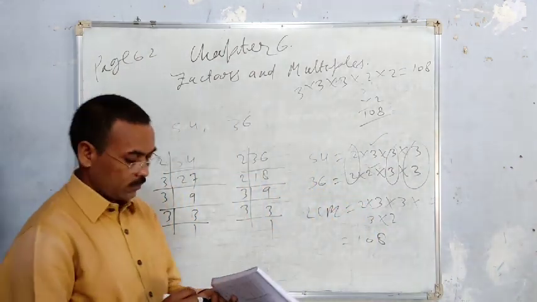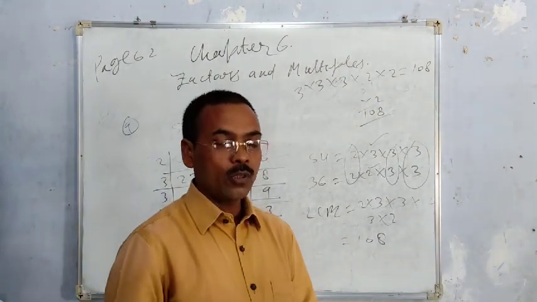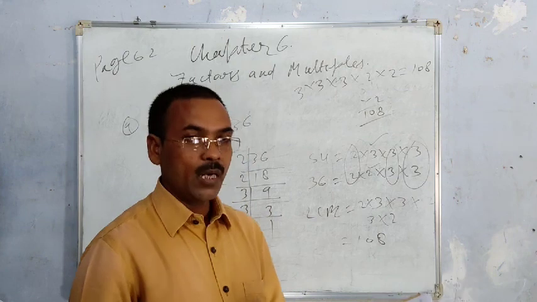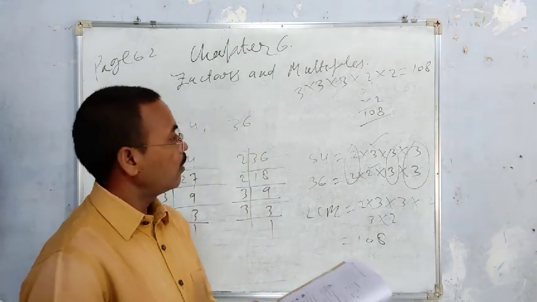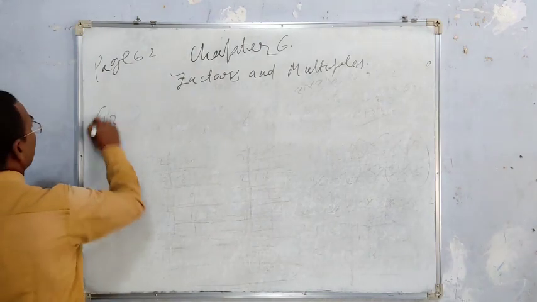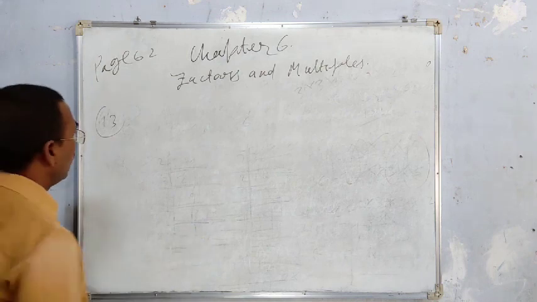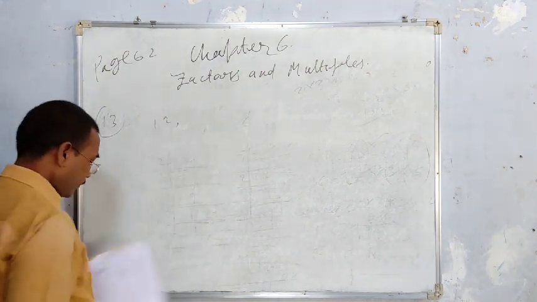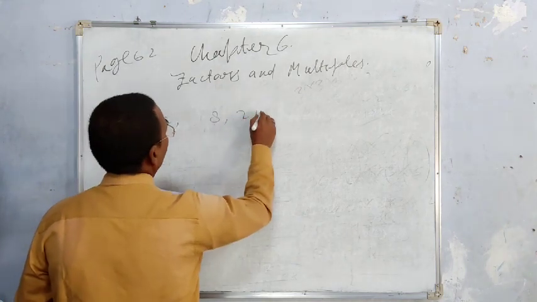What you understood. Now I am going to discuss how to find the LCM of more than 2 numbers by using the prime factorization method. So now come on the 13th one. Here 3 numbers are given: 12, 18 and 24.